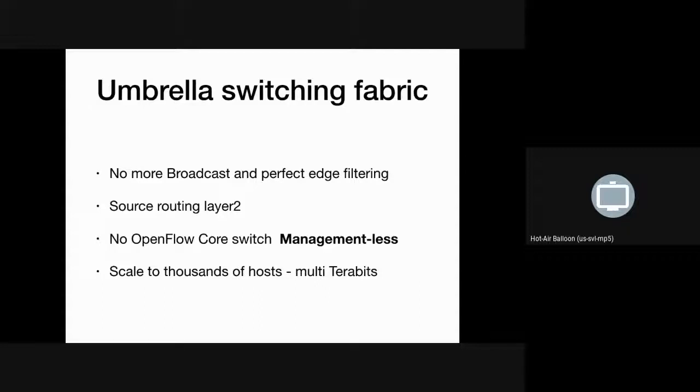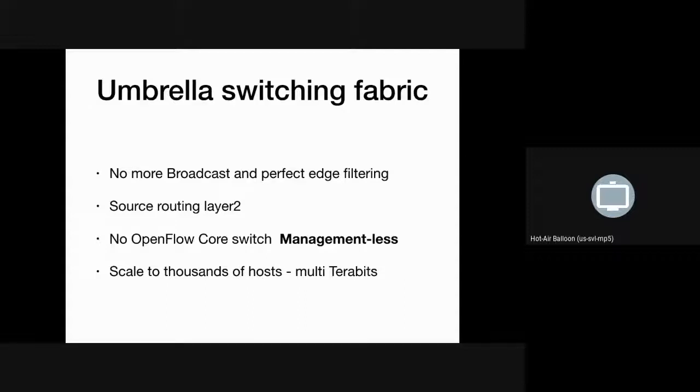And it introduced even the no OpenFlow core switch, so the core switch itself could be non-OpenFlow. I'm going to present quickly just a slide about it. We use an approach of source routing at layer 2. We encode the path into the switching fabric in the destination MAC address, and we have no more broadcast because we are unicasting the broadcast packets for ARP and ICMPv6 ND.